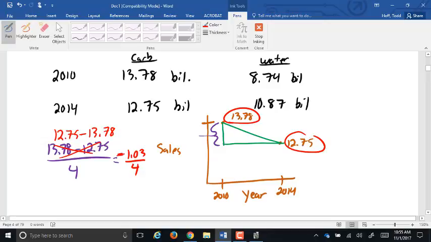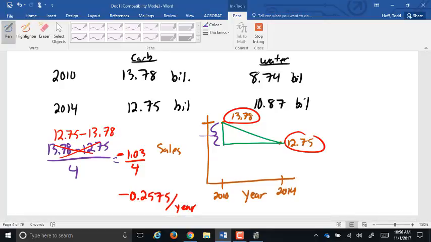But it is a negative 1.03 change divided by 4, which is a negative 0.2575 per year. Now that's in billions of gallons per year. That would be that rate of change. Does that make more sense? Okay.